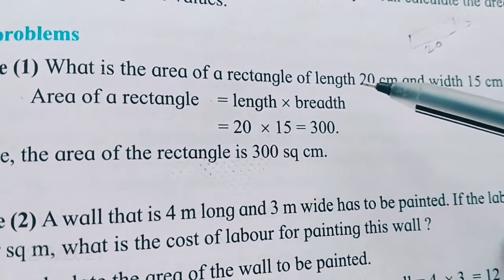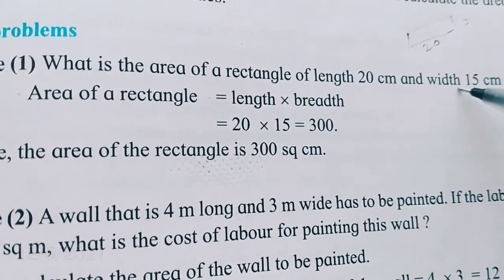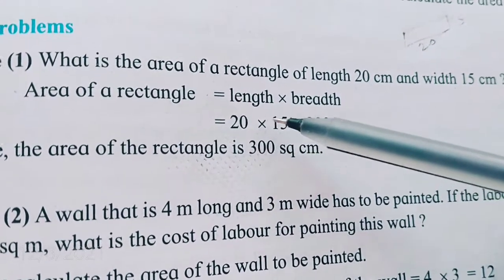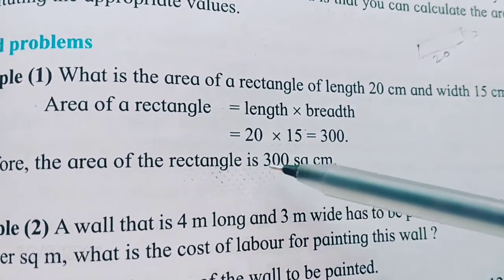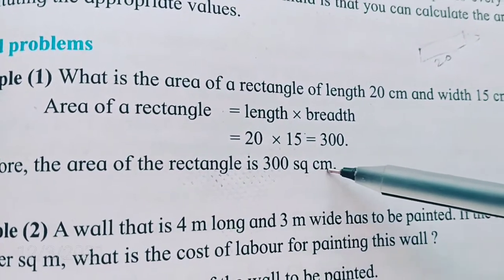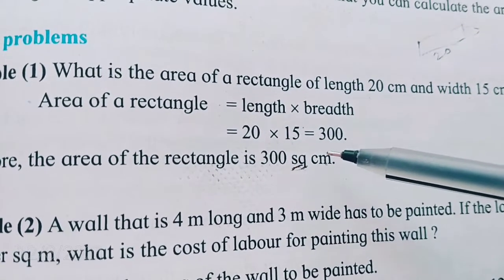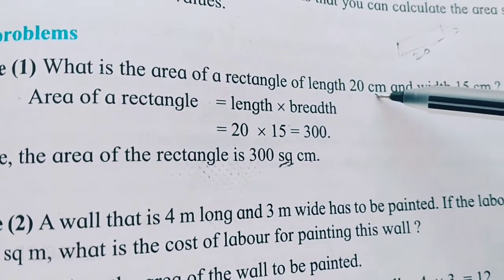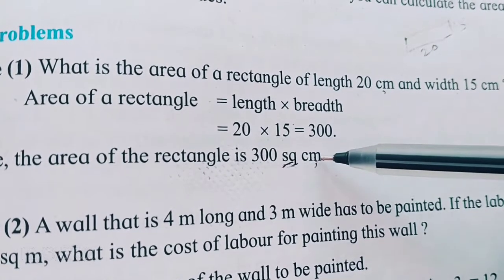Length is 20 cm and width means breadth 15 cm. So 20 into 15 is 300. So the area of the rectangle is 300 square centimeter. Don't forget to write square whenever you find area. And if centimeter is given in the question, you have to write centimeter here. If meter is given, then you have to write meter here.